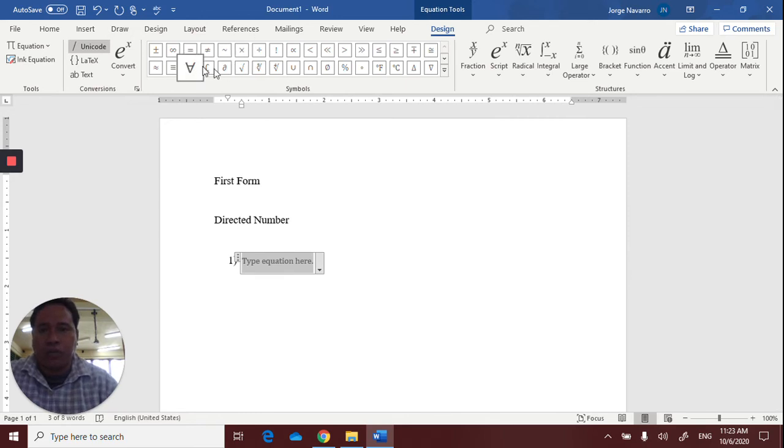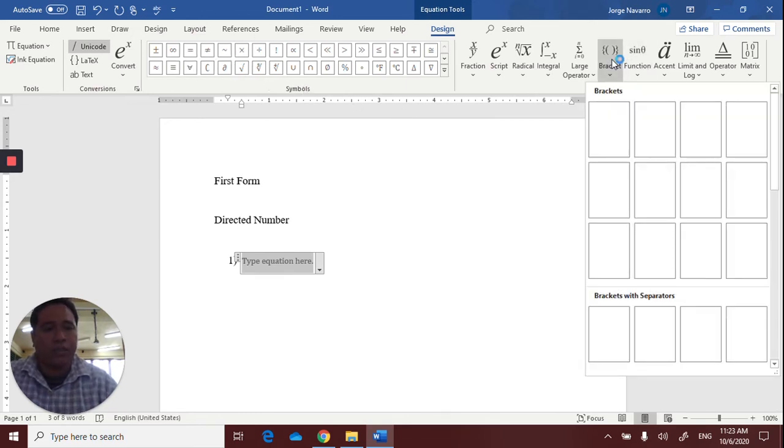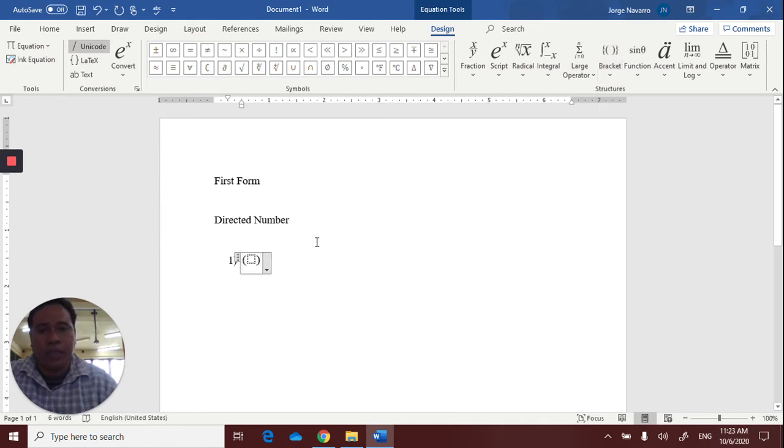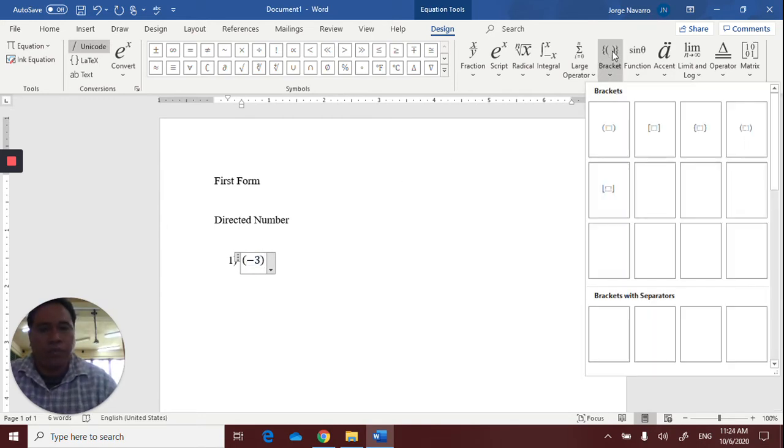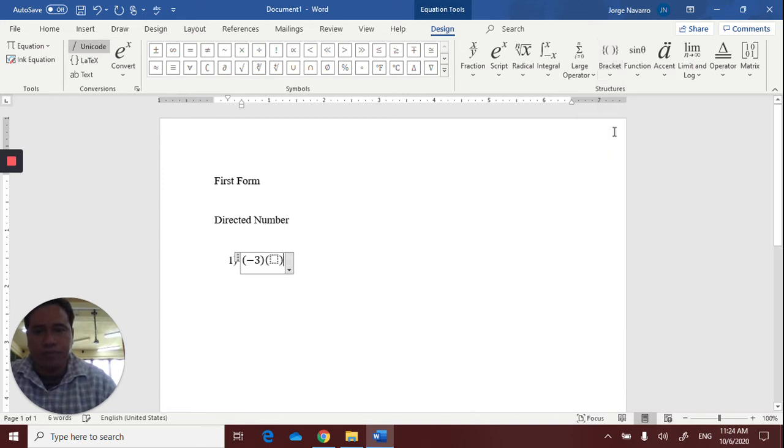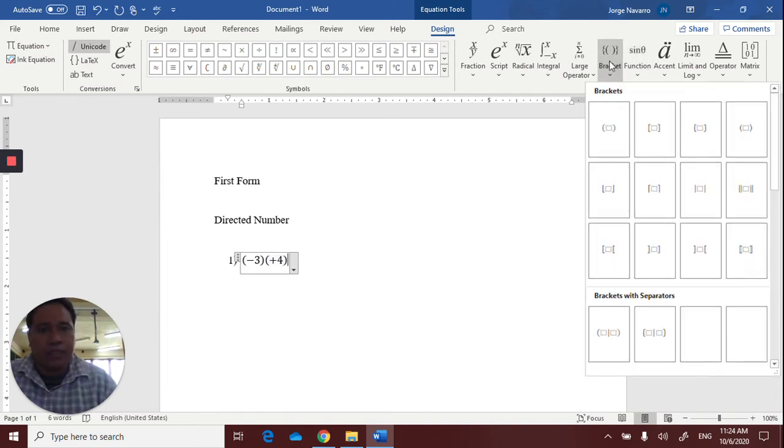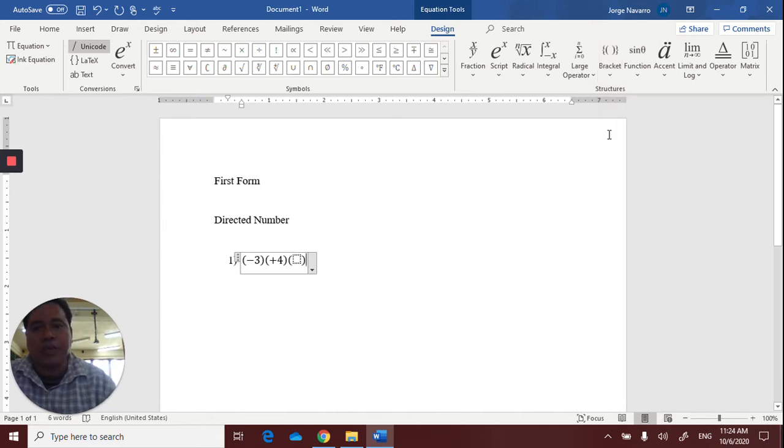The question says, and I need brackets, -3 times +4 times -5. But since these are directed numbers, you need to have, of course, the symbols, and the symbols must take the brackets there. Alright? So we have that there.